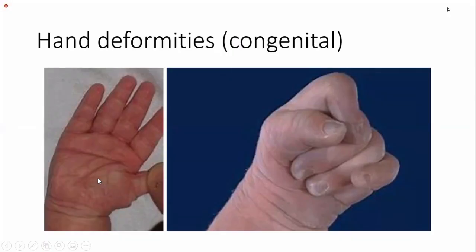Look at your own palm and look at this palm and see what the difference is.